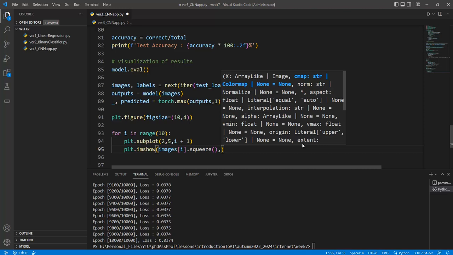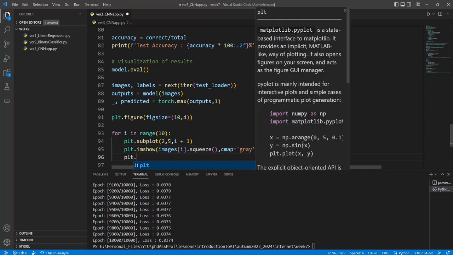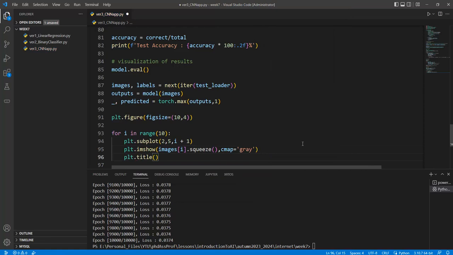So squeeze this. And cmap is assigned with what? The gray. Okay, and plt.title should be assigned with what? An f-string with true values, which is assigned with the labels i, right?